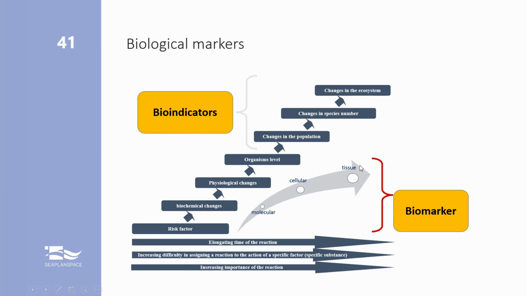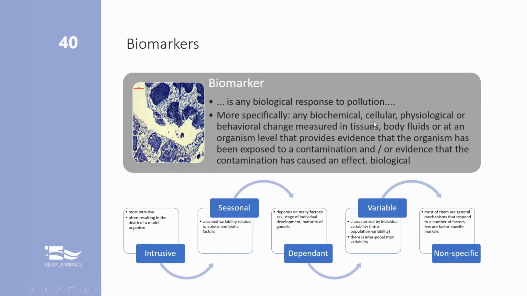Something we see much faster is actually changes within the given organism, and those are biomarkers. So everything which is measurable but within an organism. And it gives us an opinion not only about what is living in the environment, but also how it is living, what is the quality of life.